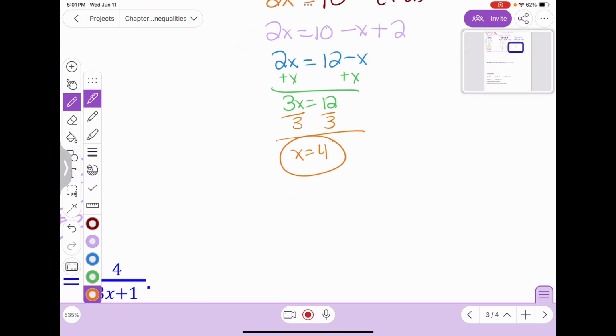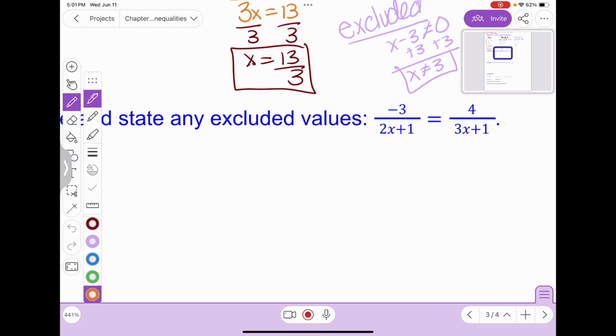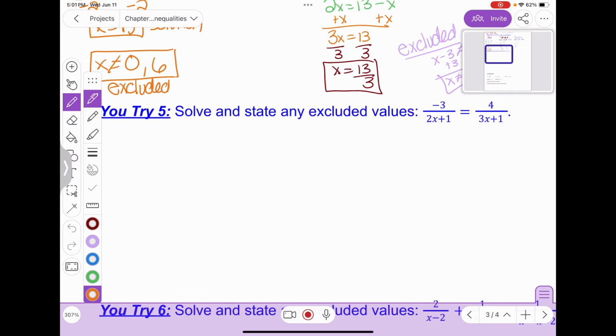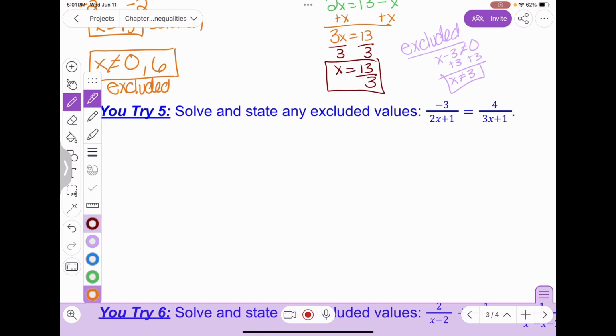Why don't you guys pause the video and try to solve this one on your own and see how it goes. All right. So for this one, you have one fraction on each side. So we cross multiply. Negative 3 times 3x plus 1.